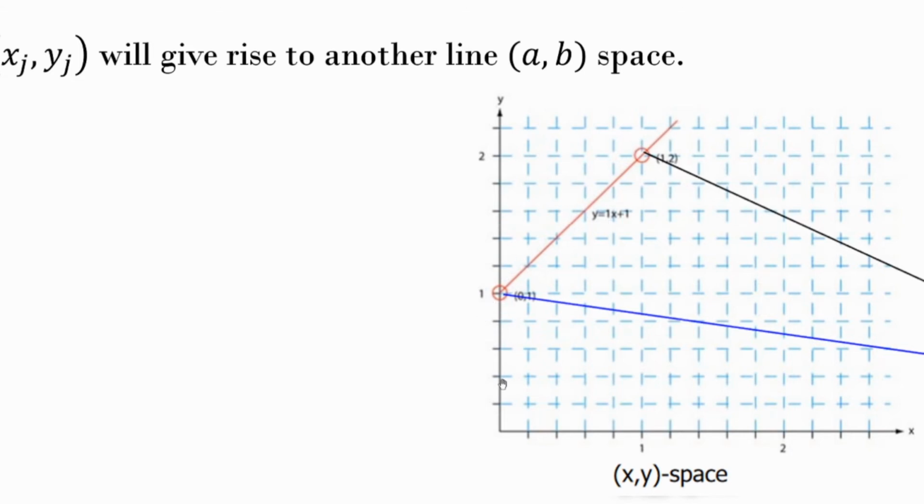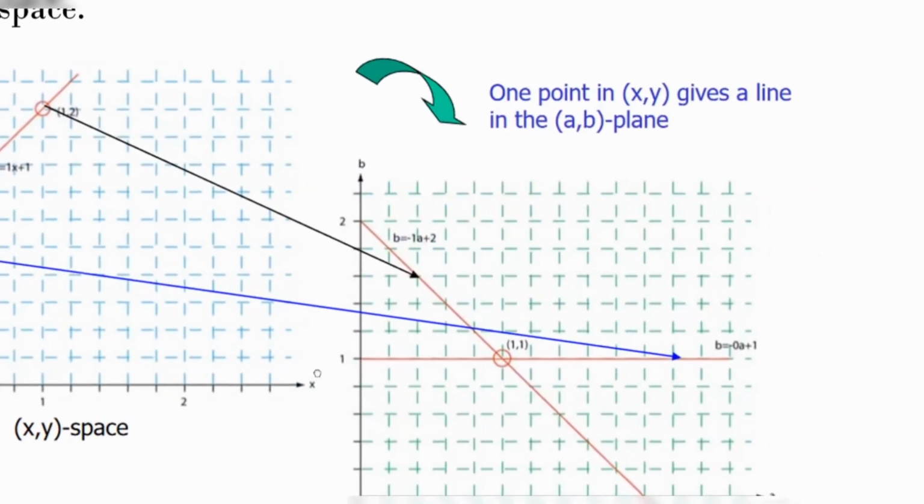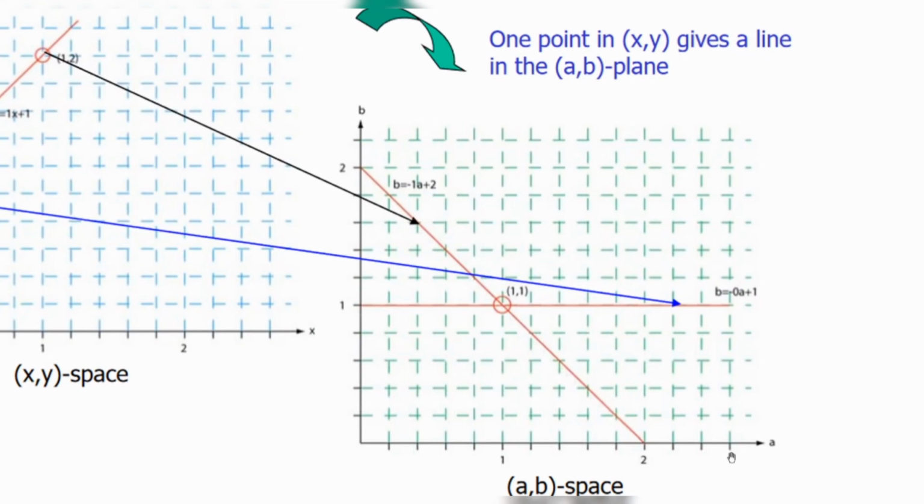Now I'm going to create another space where I'm going to vary the b and a. This is the space. So b and a are the axes now, and I can vary a from some value to some value and b from some value to some value.